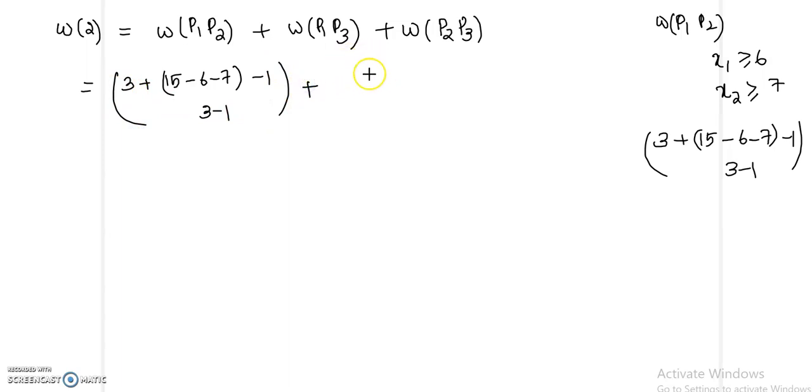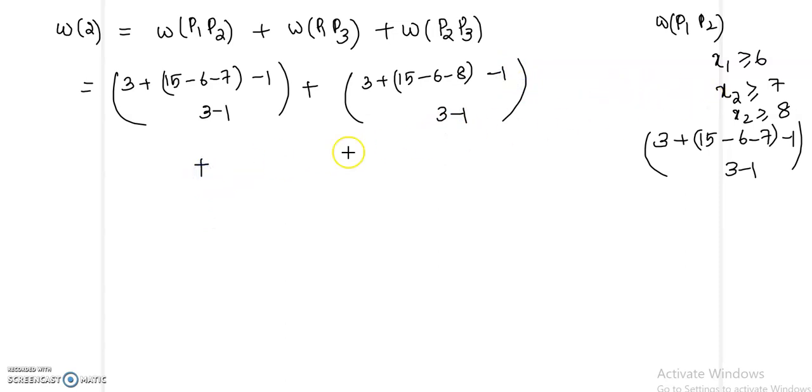Similarly, for omega of P1 P3, x1 is greater than or equal to 6 and x3 is greater than or equal to 8. So 6 and 8 will come: (3 plus 15 minus 6 minus 8 minus 1) c (3 minus 1). Then for P2 P3, (3 plus 15 minus 7 minus 8 minus 1) c (3 minus 1).